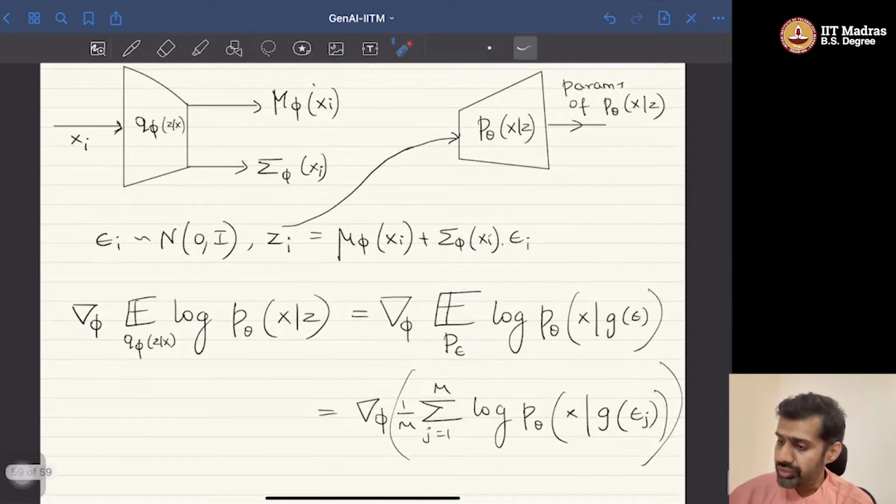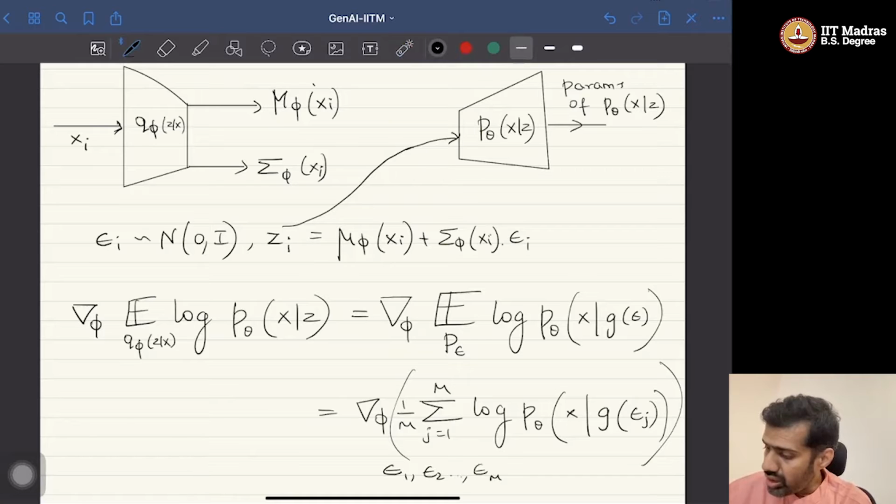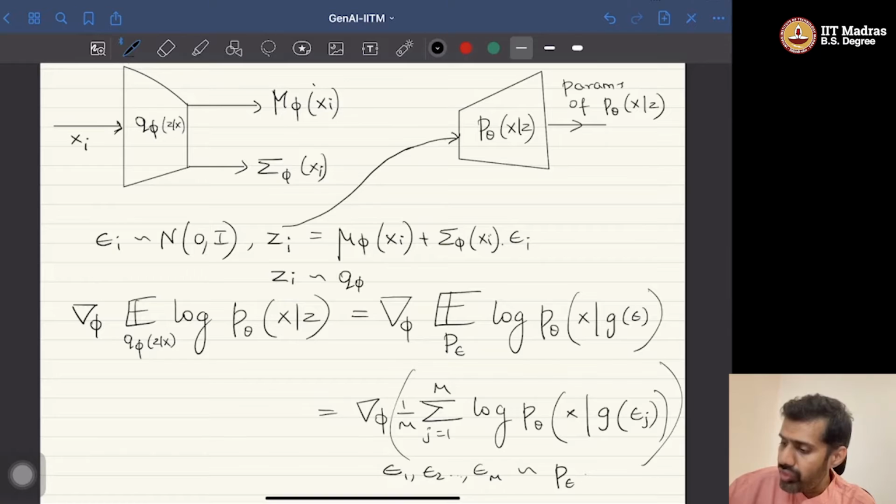So here epsilon 1, epsilon 2 up to epsilon m are all being sampled from p epsilon. So for a given data sample xi, we can sample multiple latent vectors using the reparameterization trick. Also, just to be sure, zi is actually being sampled from q phi of z given x, which is equal to a normal distribution with mean mu phi of xi and variance sigma phi of xi.